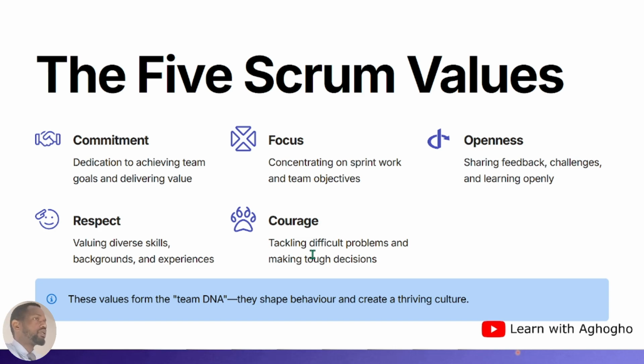Here, we'll be looking at the five Scrum values. The five Scrum values are commitment, focus, openness, respect, and courage. Commitment has to do with dedication to achieving team goals and delivering value. Focus has to do with concentrating on sprint work and team objectives.